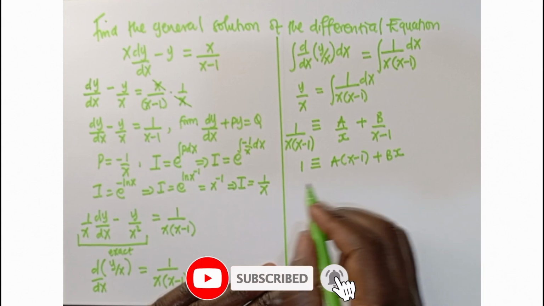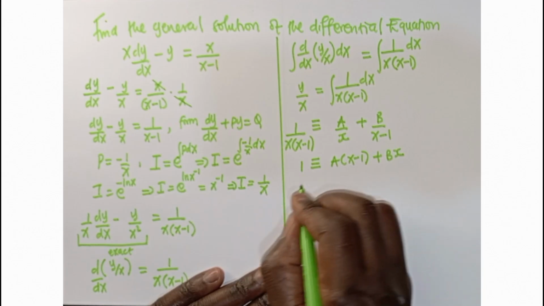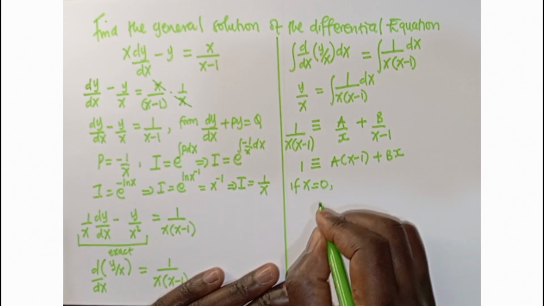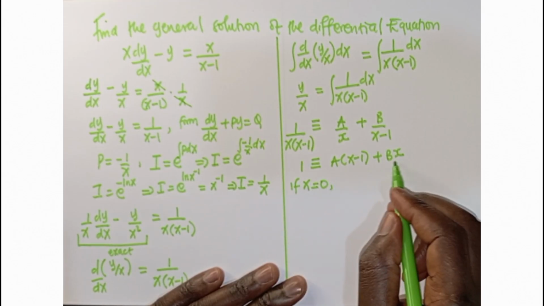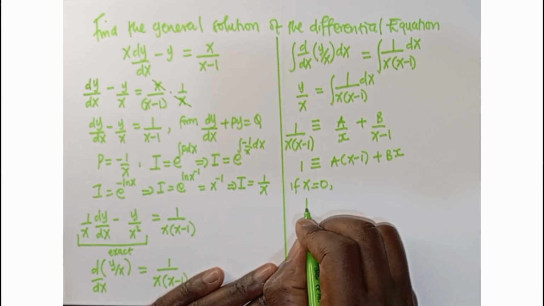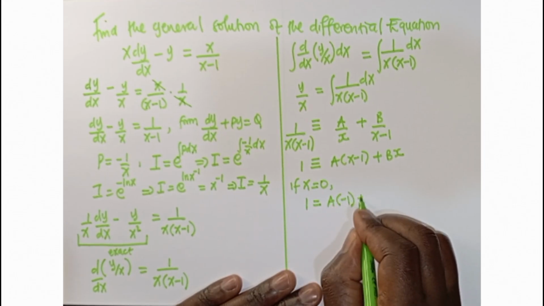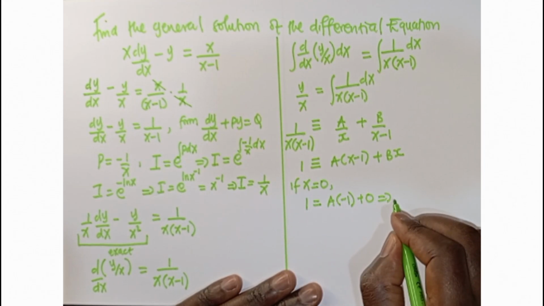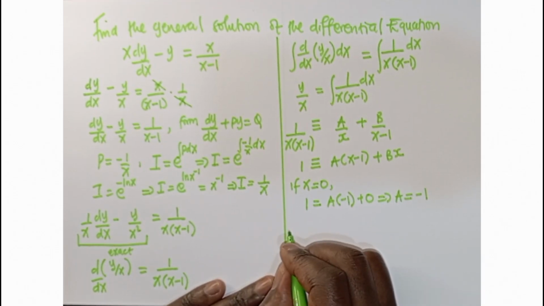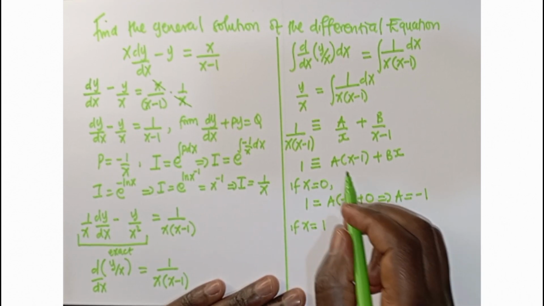After having that, we can begin to assume the values of x that can make terms 0. If x is equal to 0, we realize that b automatically goes to 0. So we shall have 1 is equal to a into negative 1 plus 0, which gives us a as negative 1. We continue and say if x is equal to 1, a will go to 0.